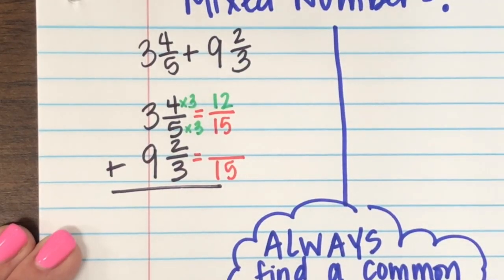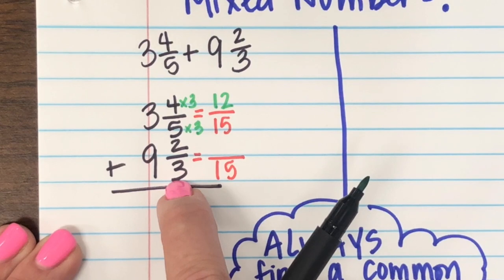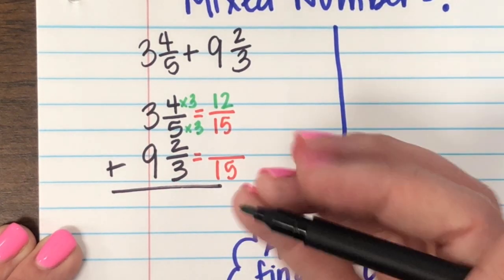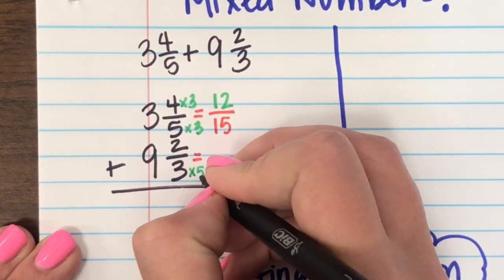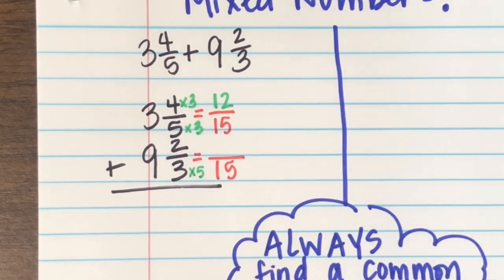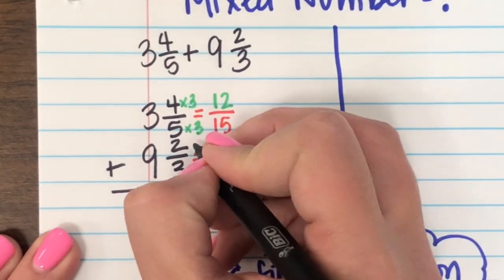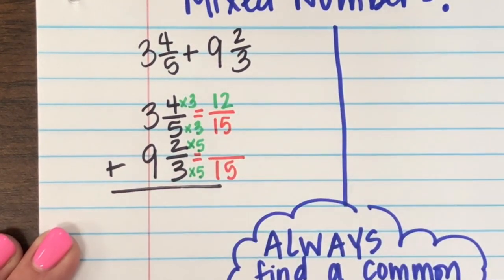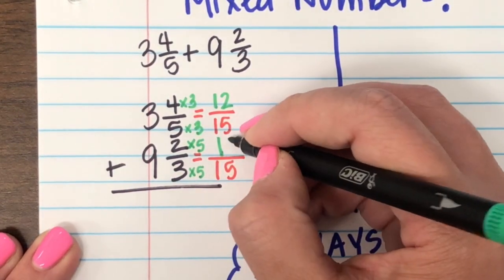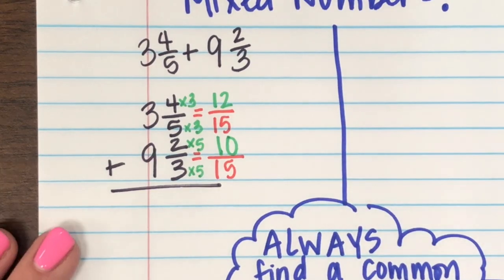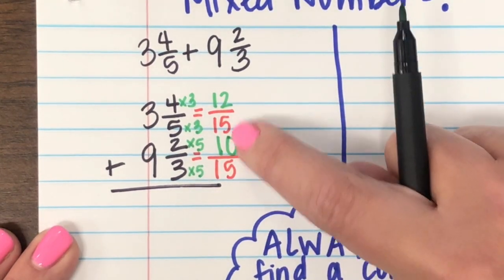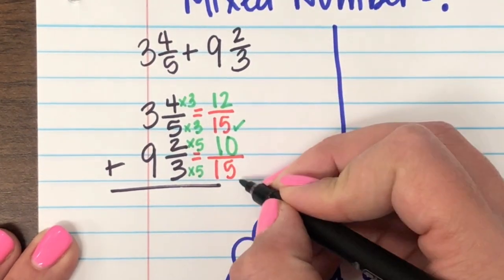Okay? Same thing. Whatever I do to the bottom to get from 3 to 15, 3 times 5 is 15. Whatever I do to the bottom, I do to the top. 2 times 5 is 10. Okay? At this point, I have a common denominator on both.